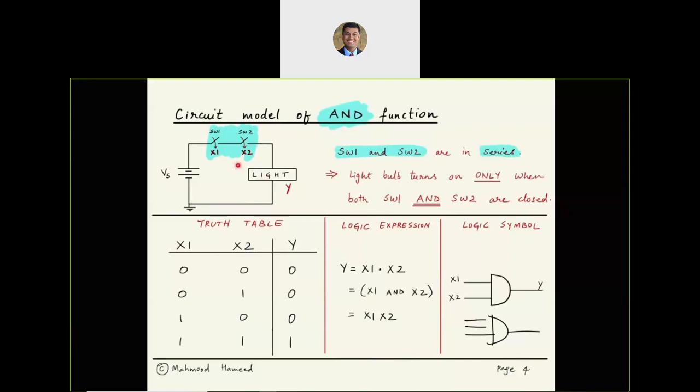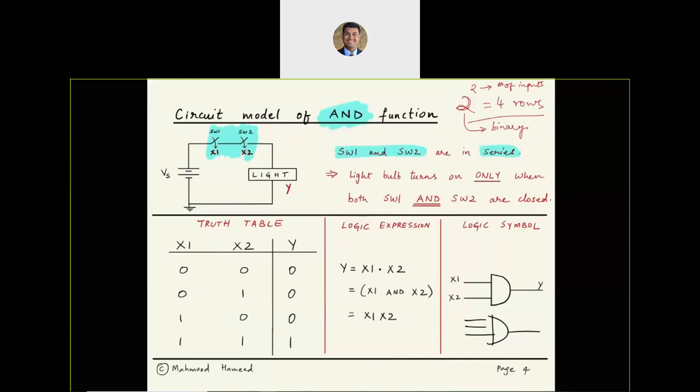So that translates into a truth table that looks like this. You have x1 here, x2 here, and because we have two binary inputs, we are going to have four possible entries in the truth table. This is the number of inputs, and this is 2 because it's binary inputs.